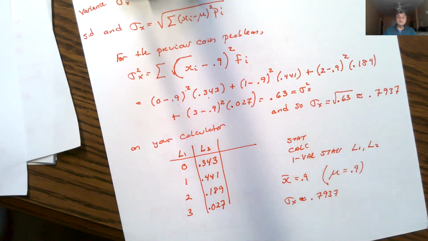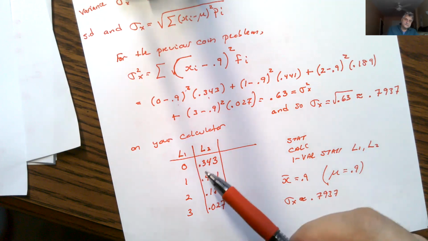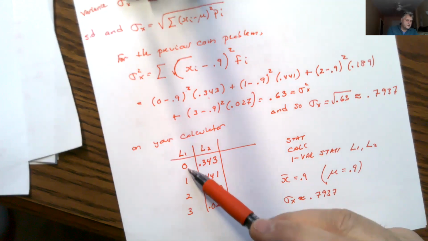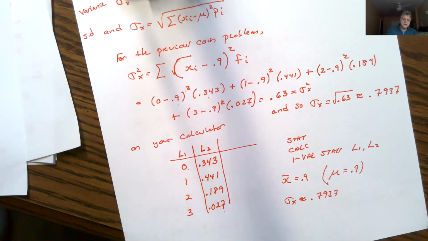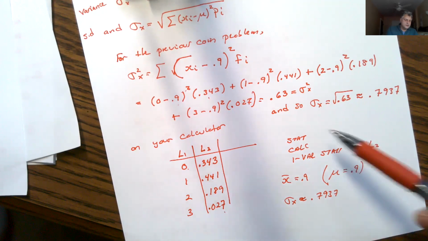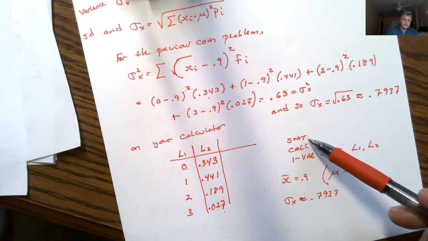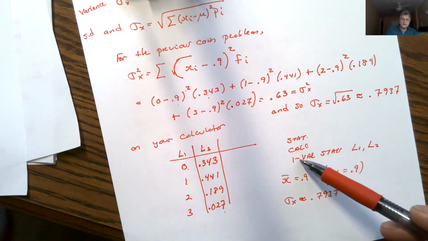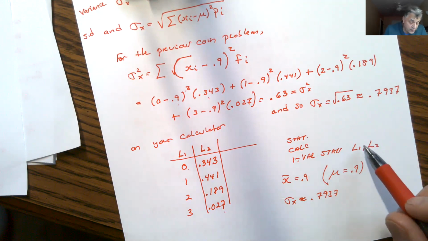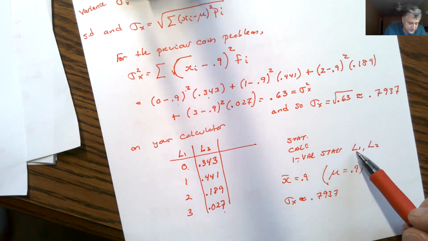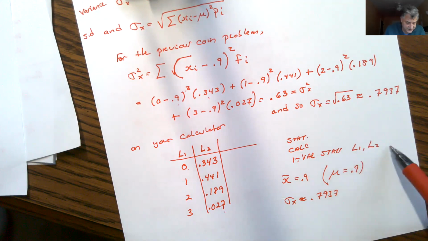Now you can do this on your calculator. In List 1, I put my values 0, 1, 2, 3. In List 2, I put my 4 probabilities. On your calculator, you can do stat, then calculate, then one-variable stats. Now this is important. You have List 1, comma, List 2 on the older calculators like mine, or on the newer calculators, they might ask what's your list and what's your frequency list, and you put L2 in there.